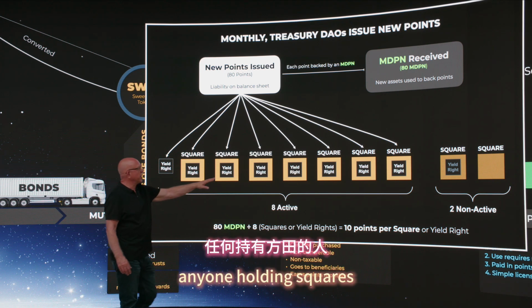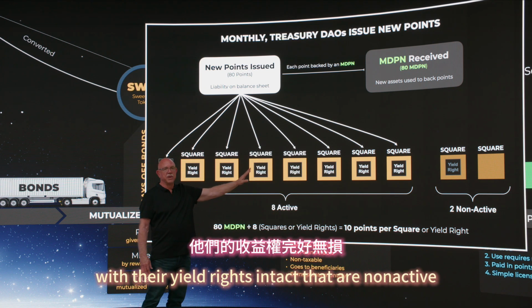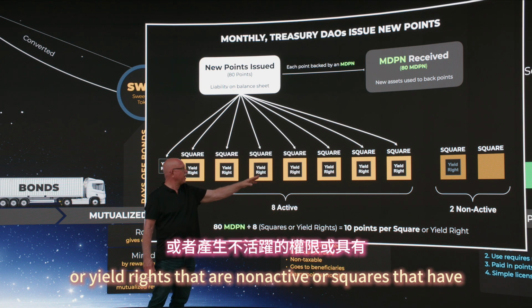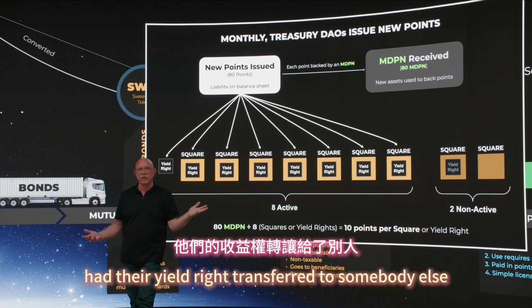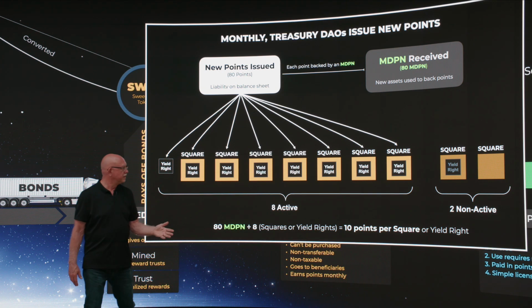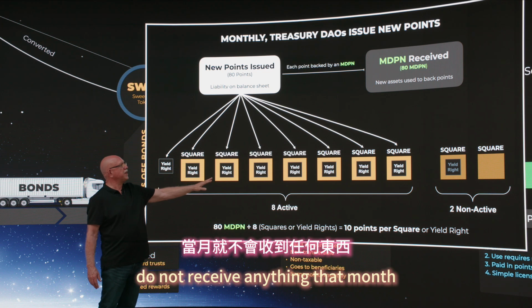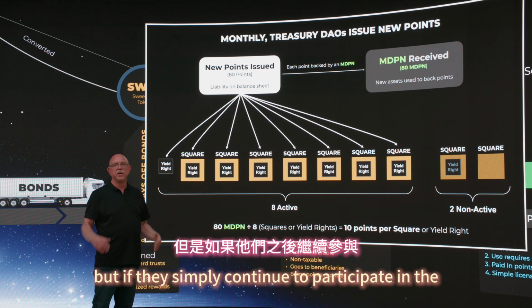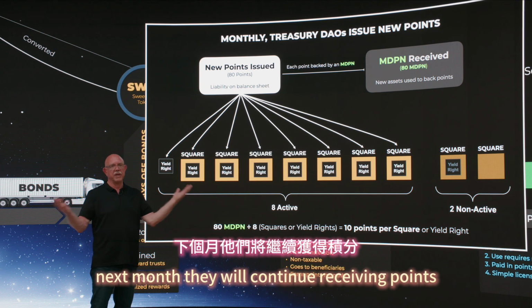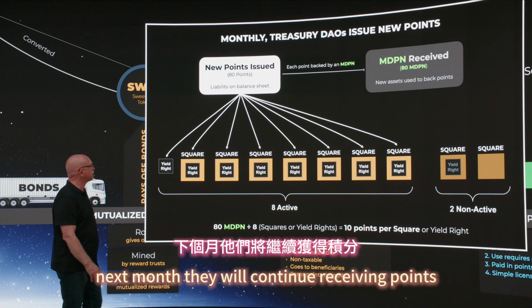Anyone holding squares with their yield rights intact that are non-active, or yield rights that are non-active, or squares that have had their yield right transferred to somebody else, do not receive anything that month. But if they simply continue to participate in the next month, they will continue receiving points.